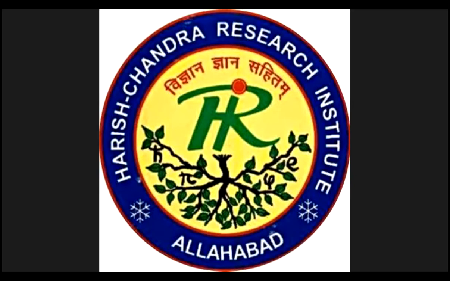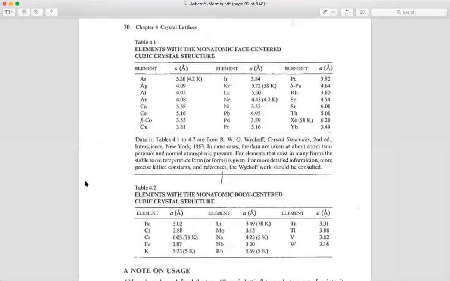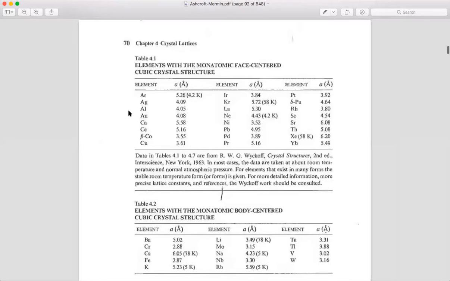Let us now look at some structures that commonly encountered metals form. I'll just show you the tables from the textbook. So some things you should be familiar with. See this table 4.1 in Ashcroft's book.